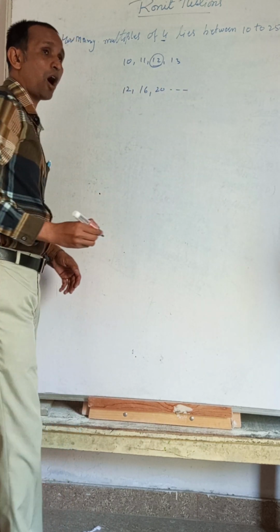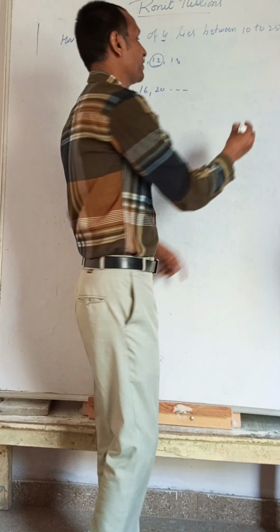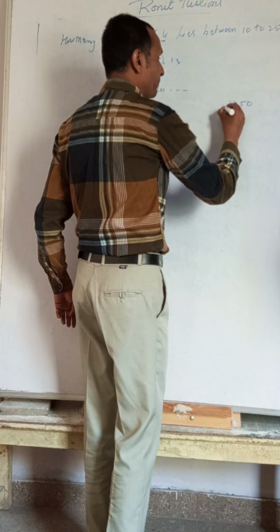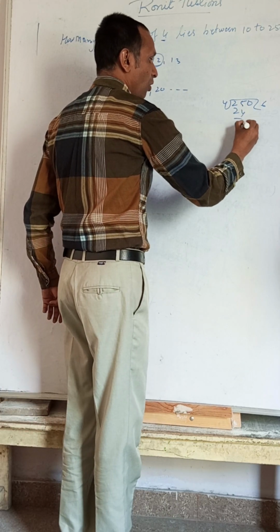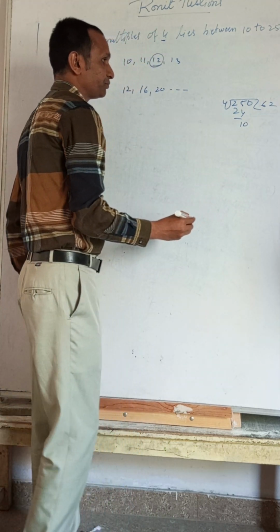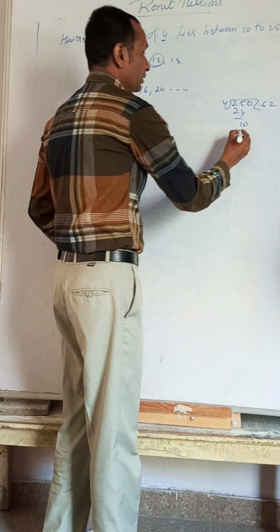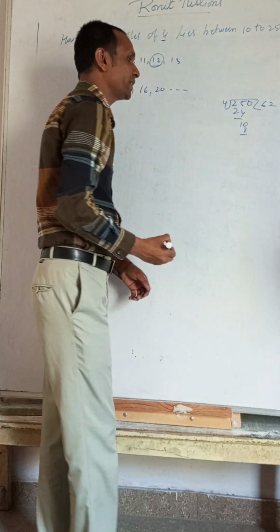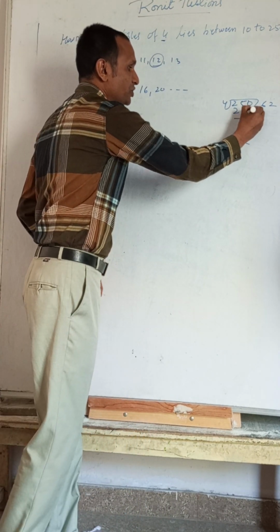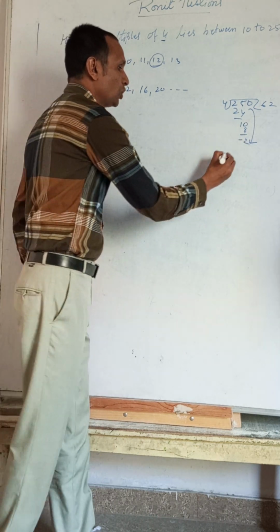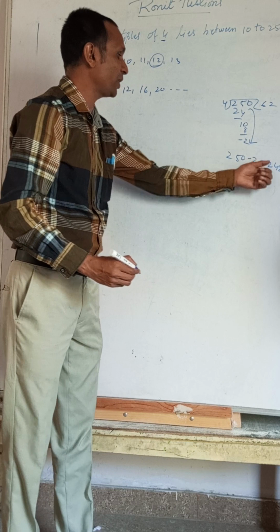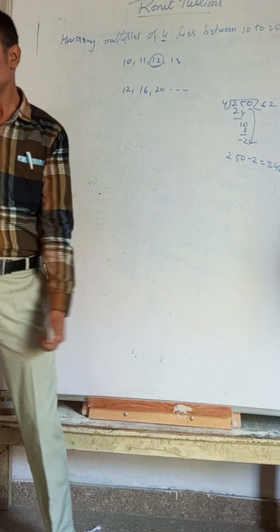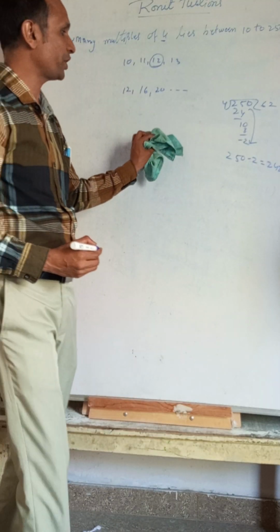Like that. And what will the last term be? 250 divided by 4, 4 sixes are 24, 4 twos are 8. So 2 is left over, so 250 minus 2 is equal to 248. This number is also divisible by 4. So the last number will be 248.